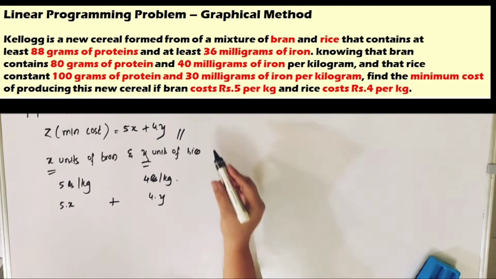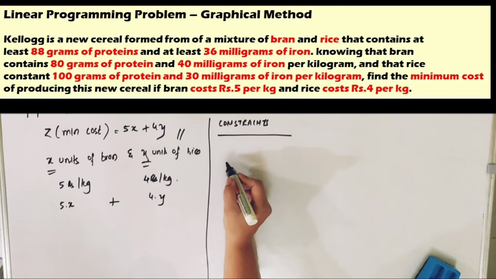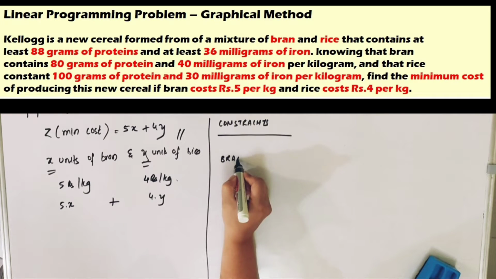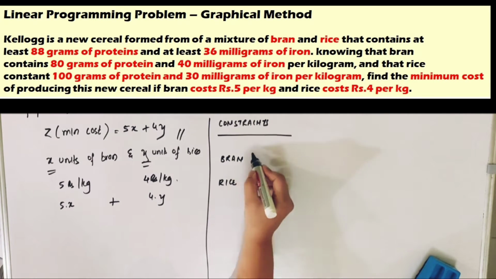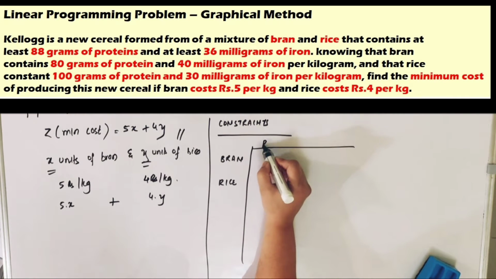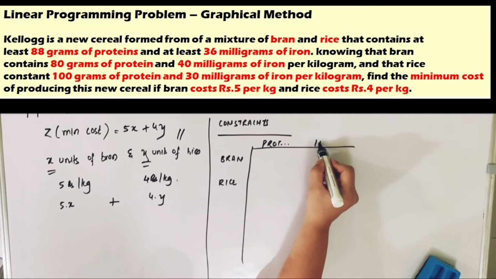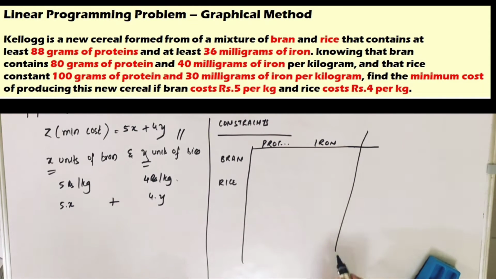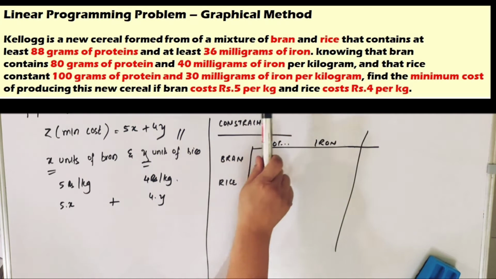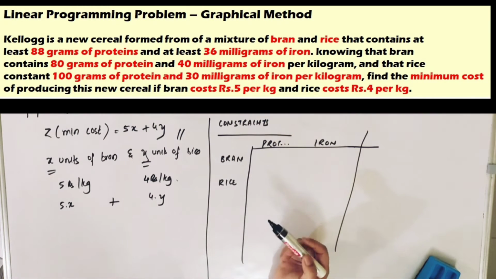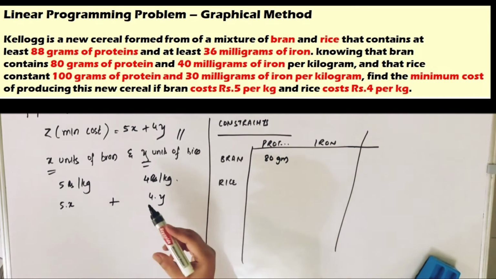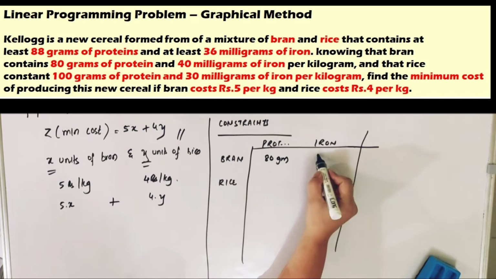Now let's arrive at the constraints. What are the main two things that we are trying to minimize cost with? One is bran and one is rice. And what are the other variables? The other variables are protein and iron. So how much protein is there in 1 kg of bran? We have 80 grams of protein and 40 mg of iron.